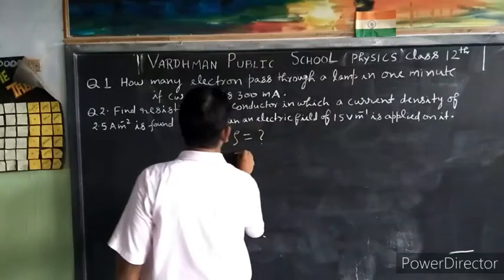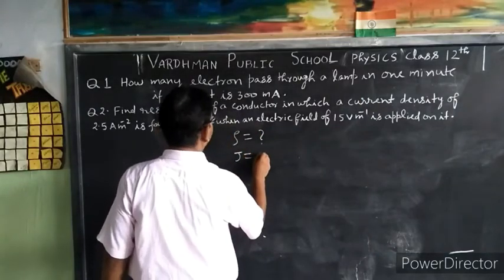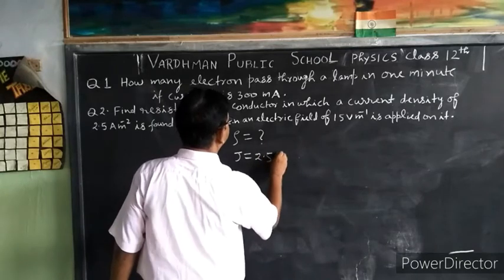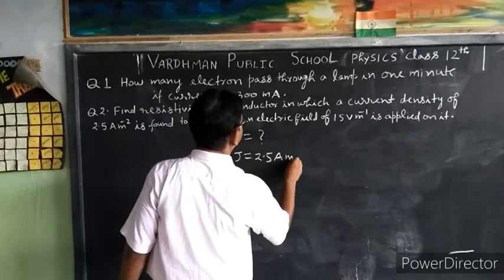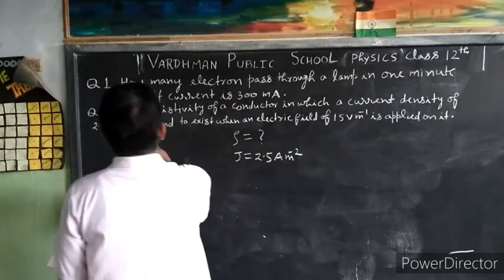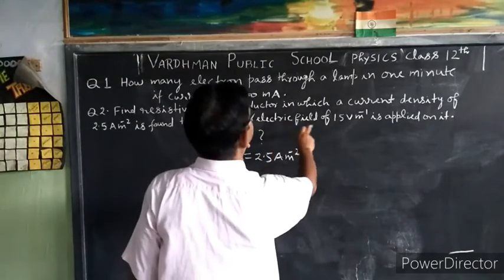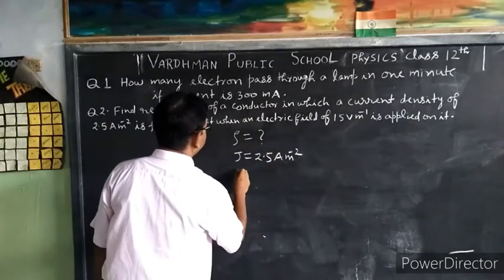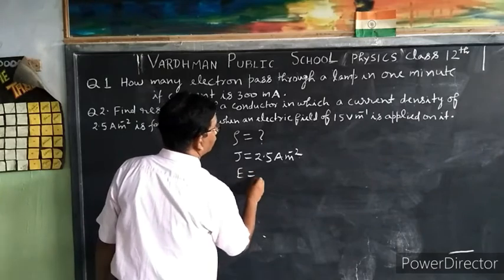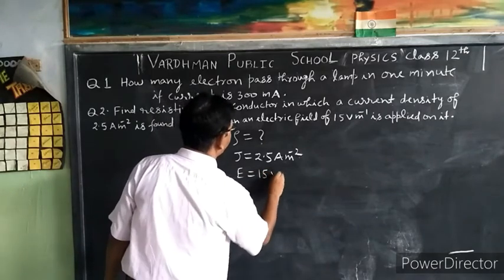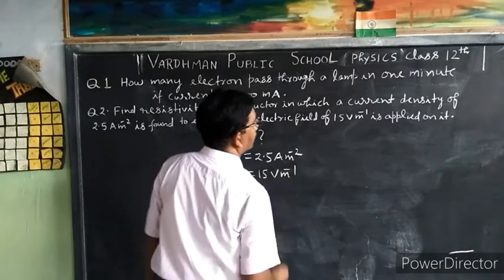J is equal to 2.5 ampere per meter square, and the electric field E is equal to 15 volt per meter.